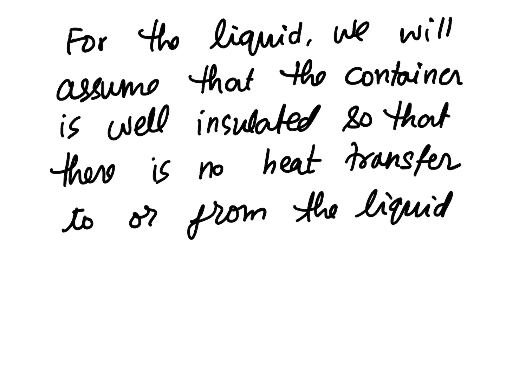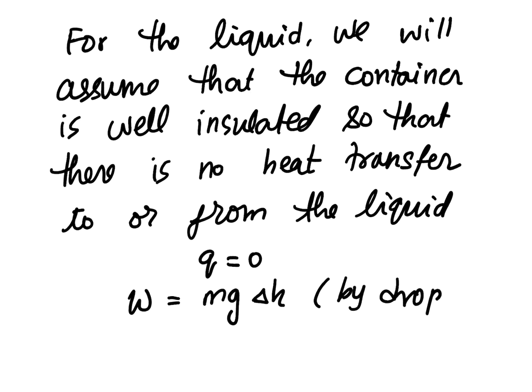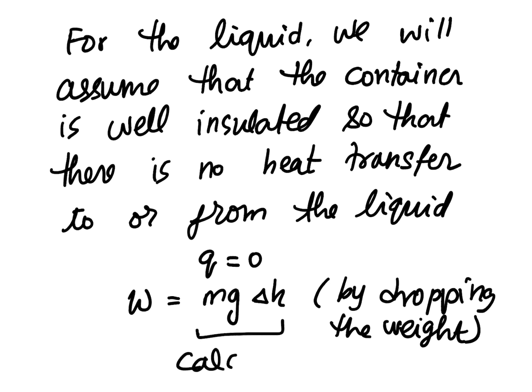So Q is 0. The work done is mg delta H by dropping the weight. Okay, so we have heat being 0, and work done is mg delta H, point being it can be calculated or it's known.